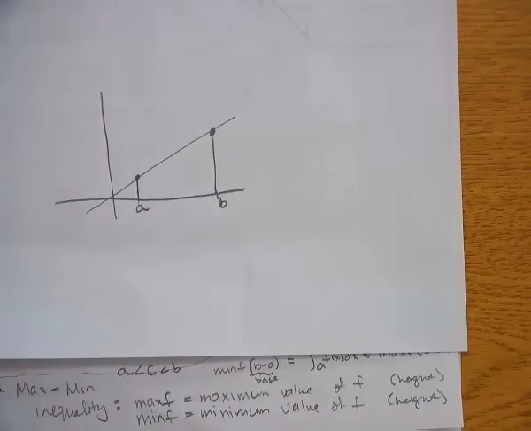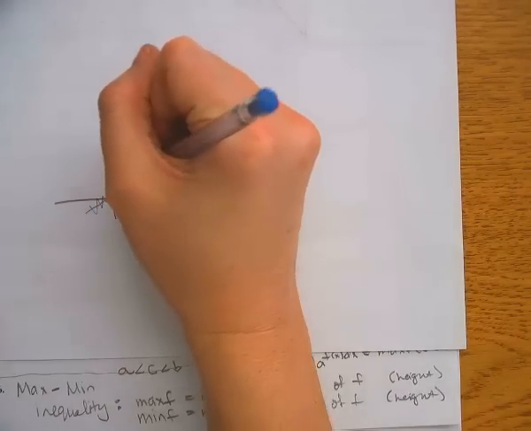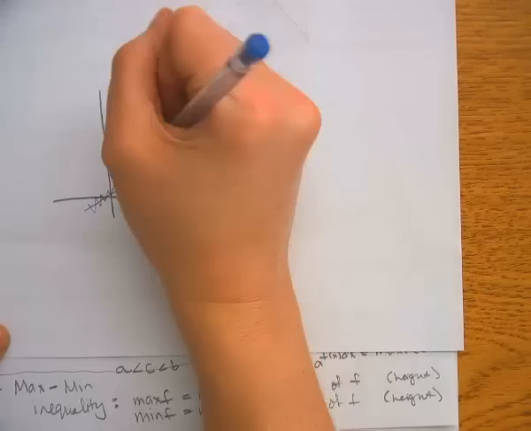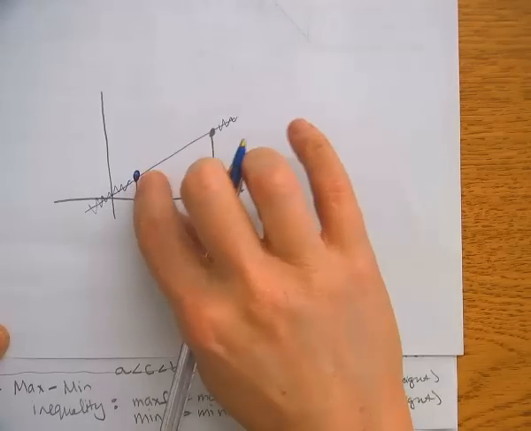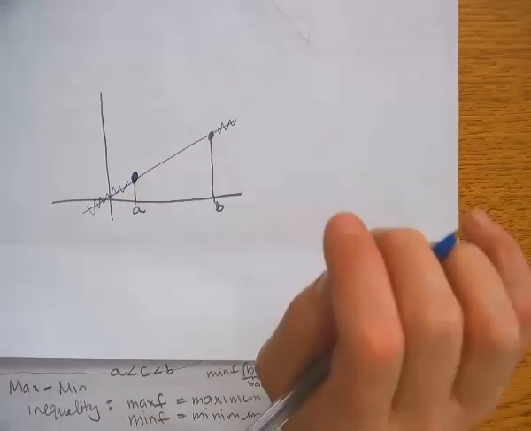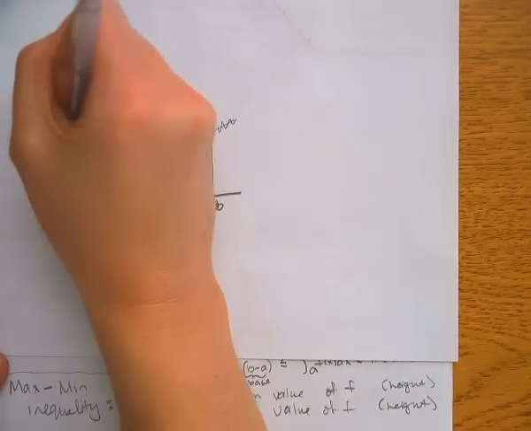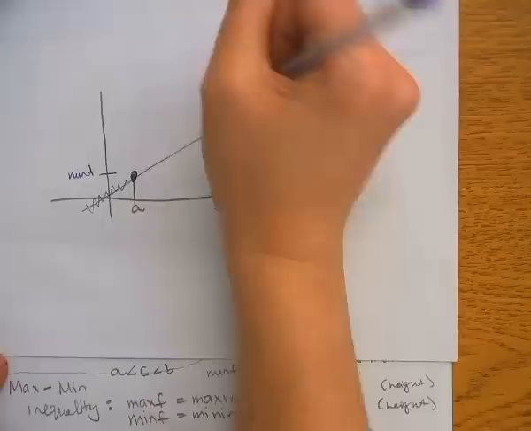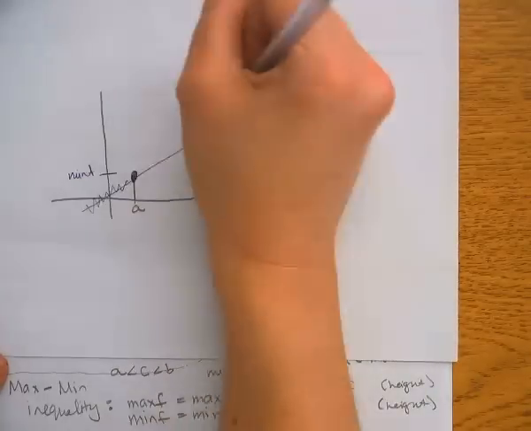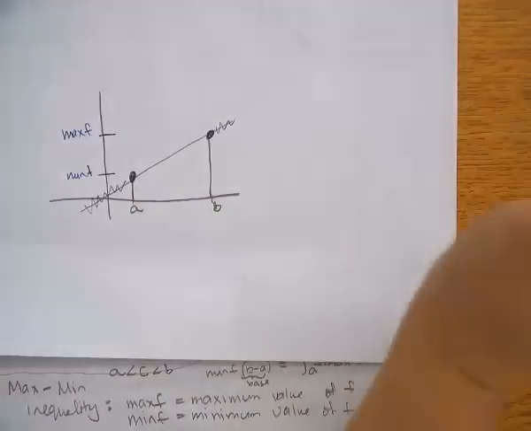On the interval from a to b, I'm going to block this out of my mind, and I'm going to block that out of my mind. This is clearly the lowest value out of all f values. So we'll call that min f. And this is clearly the highest value out of all the other f values. We'll call that maximum f.